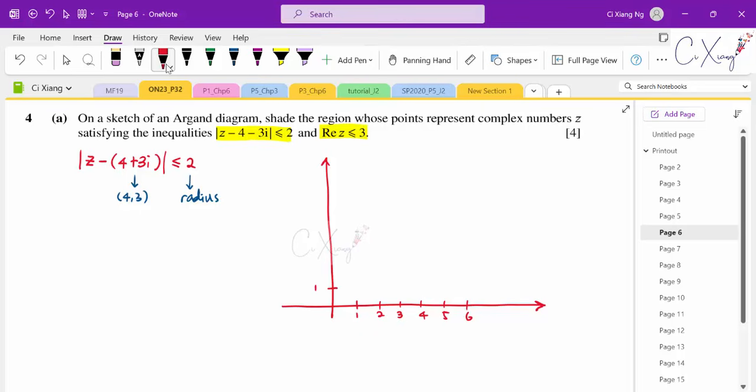I think I should have 1 until 6 to fit my circle in. My center is (4, 3), so 4 is here, 3 is here. The radius is 2, which means the circle will pass through this point, then through the 5 and also the 1. If you try to draw a circle, it should look something like this.